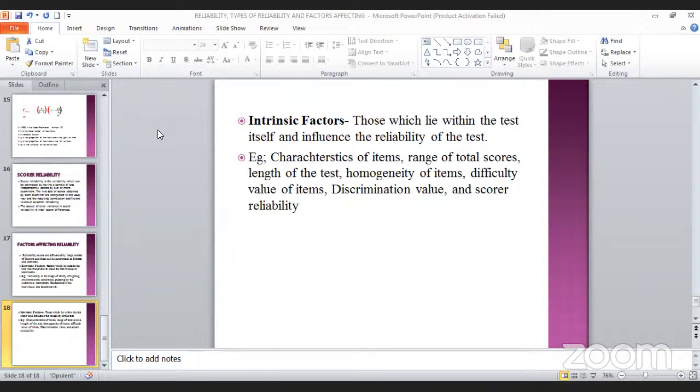Length of the test, you mean? So are you asking whether length of the test is important or not? No. Length of the test means is there a fixed number of items? If not, how do we determine the length of the test? Yeah, is it like that?